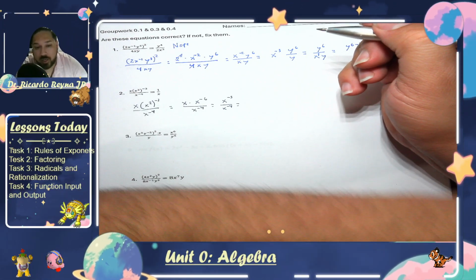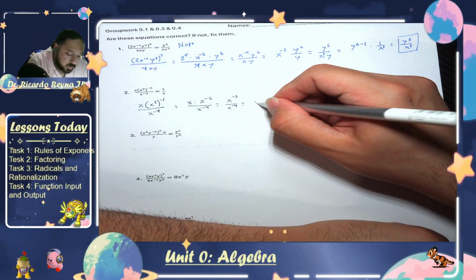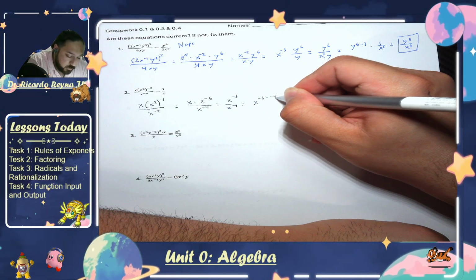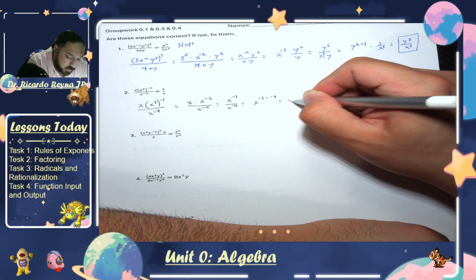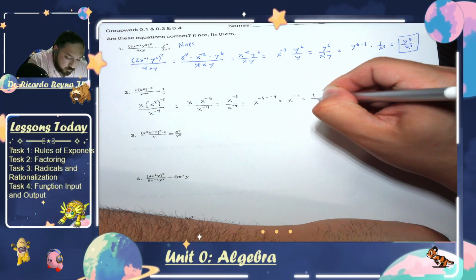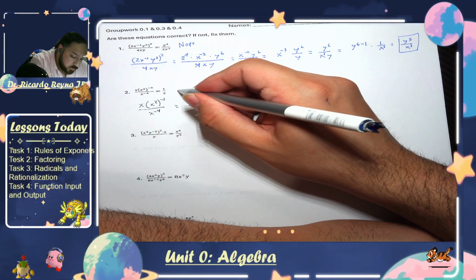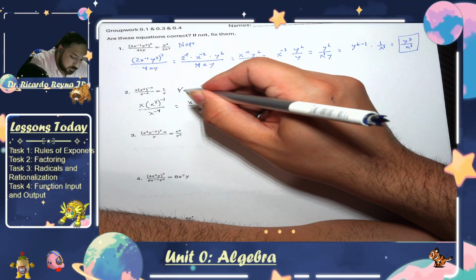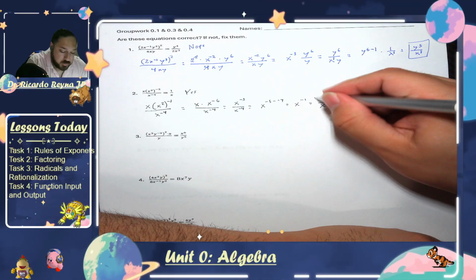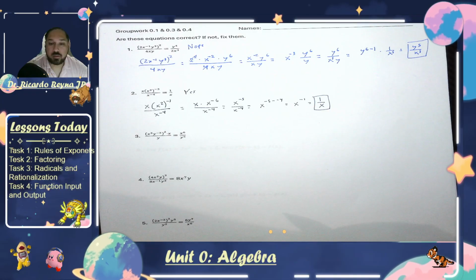And then we're going to rewrite it as negative 5 minus a negative 4. So that's going to be x to the negative 1, which is 1 over x. And that is indeed true. So yes. We don't have to, but we can box it if we want. Let's be fun about it, I guess.